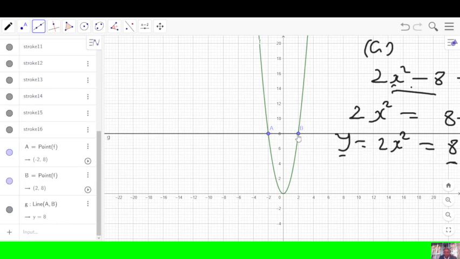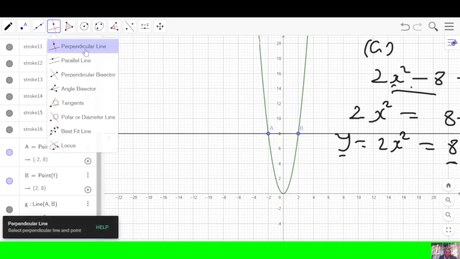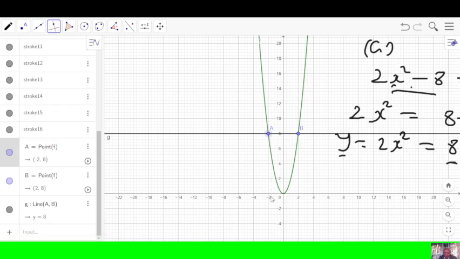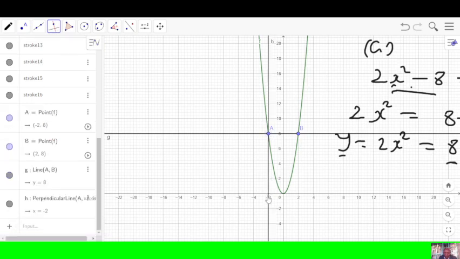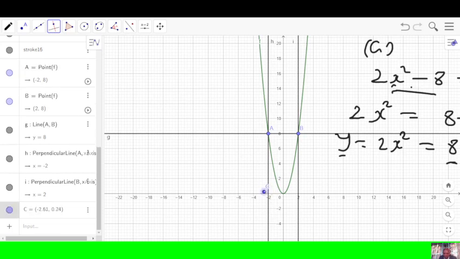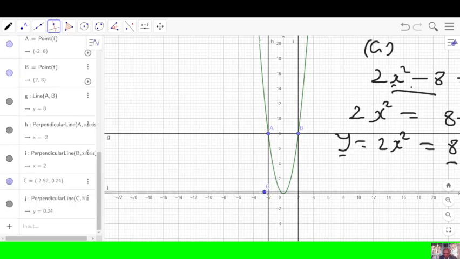That means that we can actually get the perpendicular value. If I can get this point and this point, then I get this point and this point. That means that we can actually get the value of x. The value of x is this point.